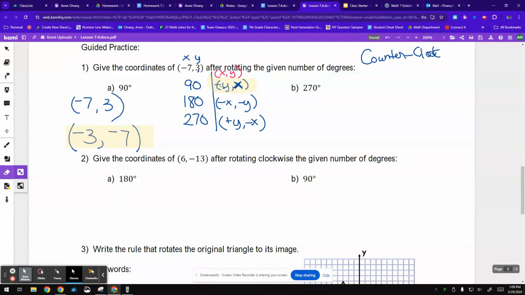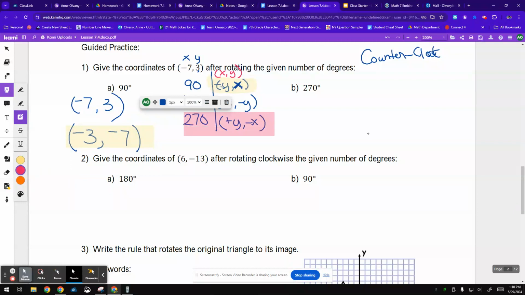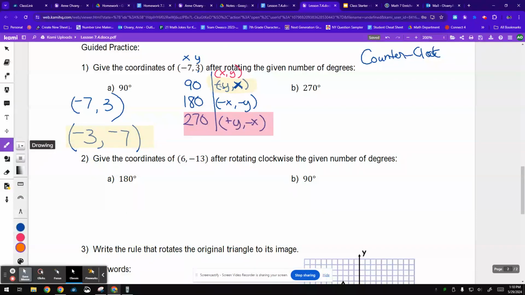All right. Now, what about a 270? Okay, same point, but this time 270. I'm going to use this rule. So I have the point -7, 3. This is my x, this is my y.